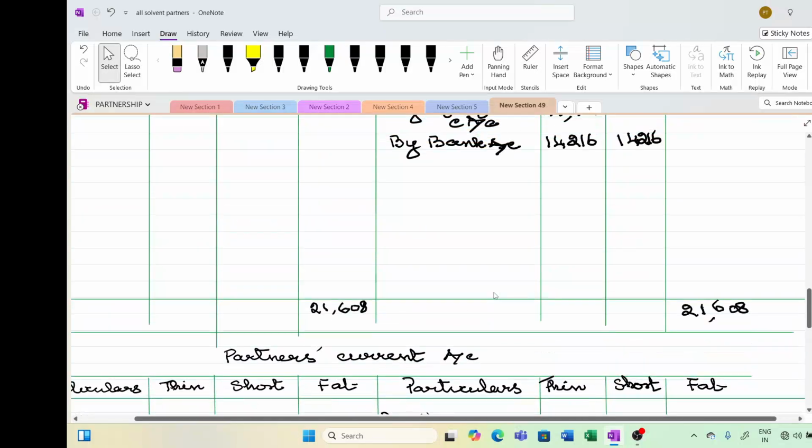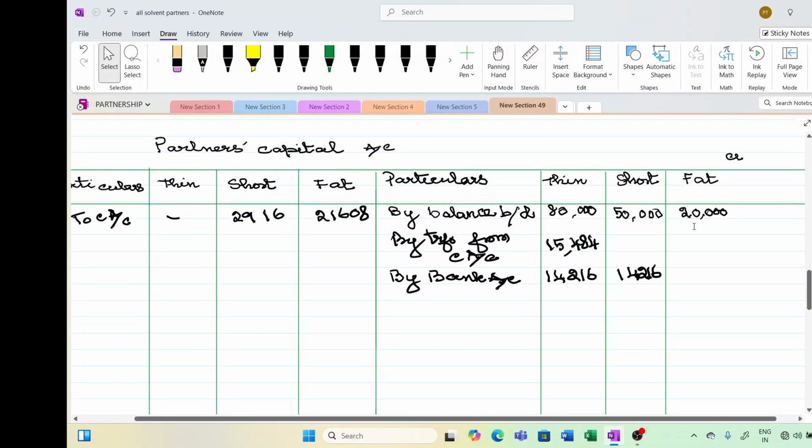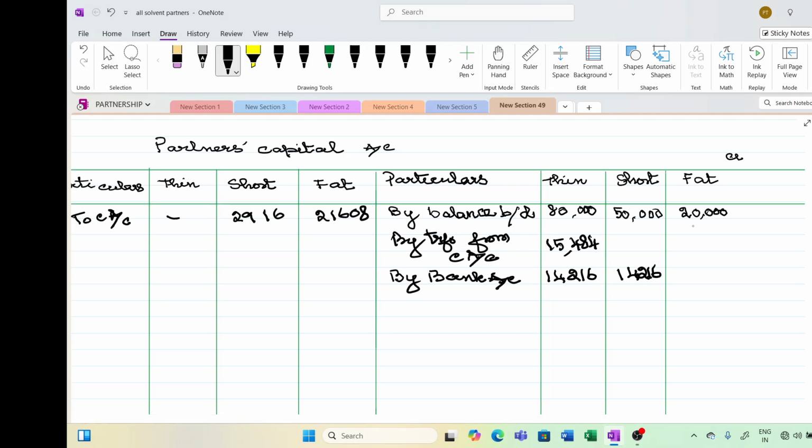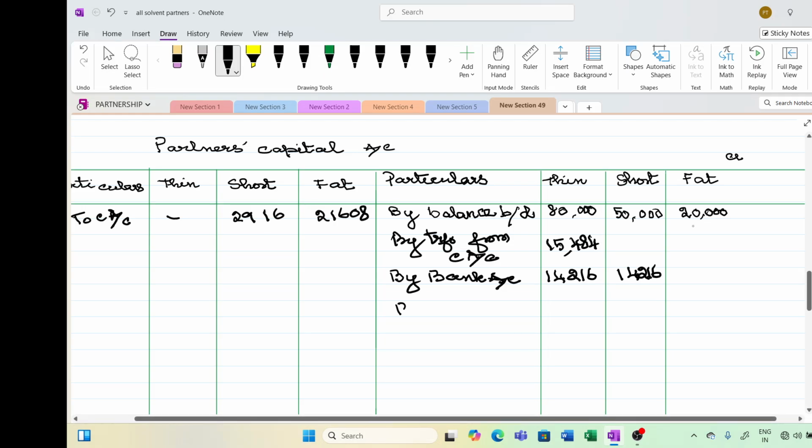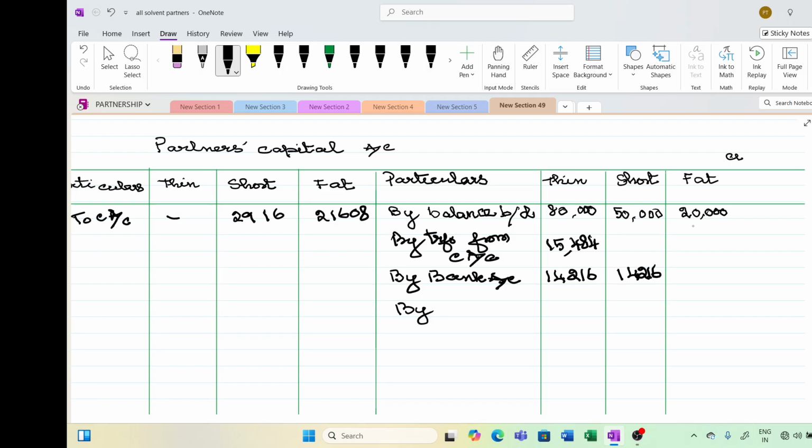Okay. Now we are going to close Fat's capital account. How? By this deficiency, they are going to give you.